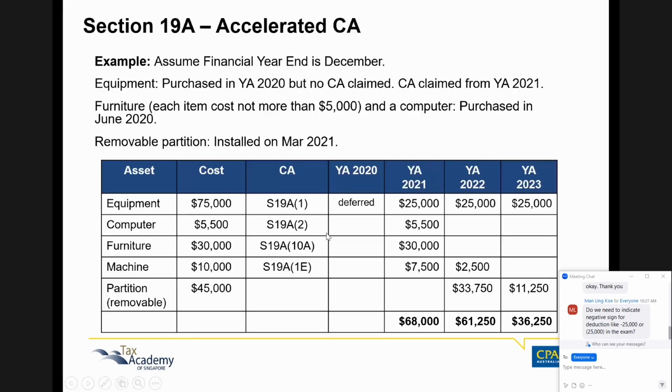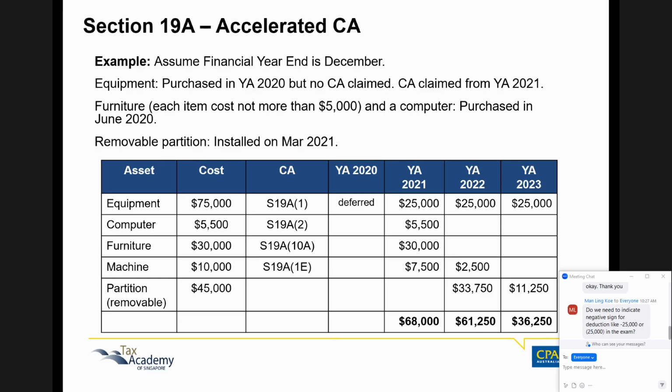Okay, maybe you look at one example. So we assume financial year end is December. Equipment purchased in YA 2020, but I didn't claim CA. CA is only claimed from YA 2021.